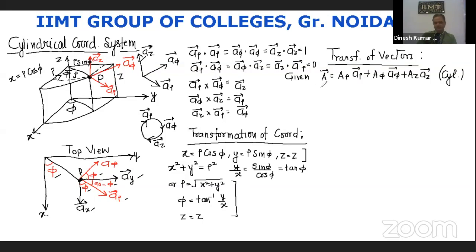Now, in the rectangular coordinate system, what we require is that vector A must be in this form: Ax, Ay and Az.